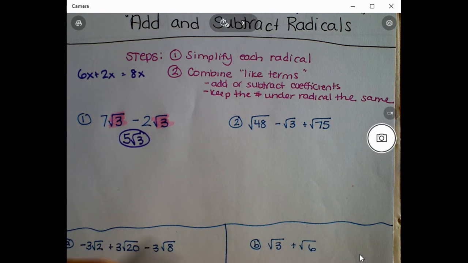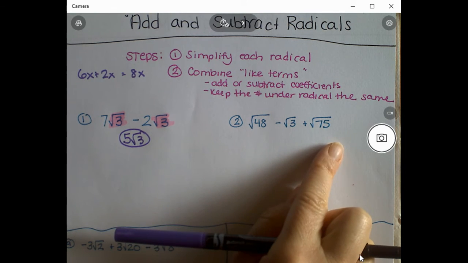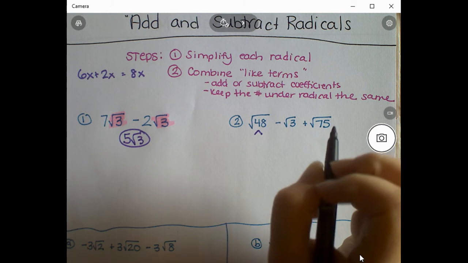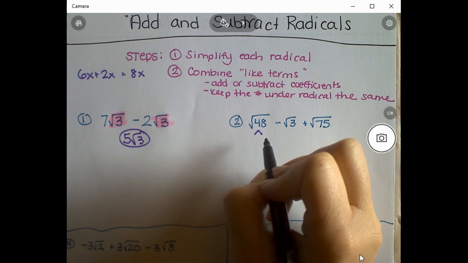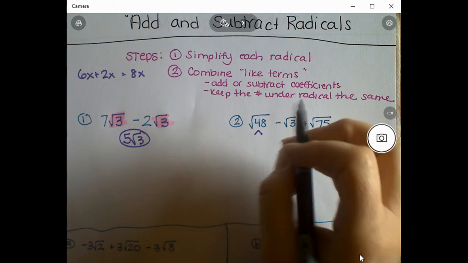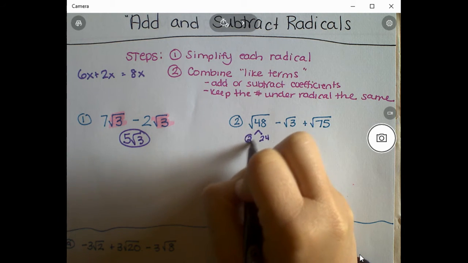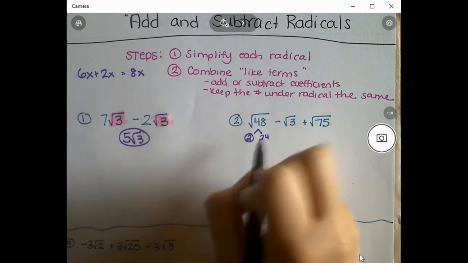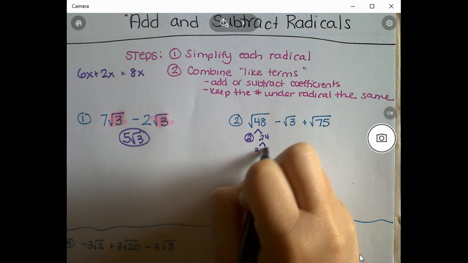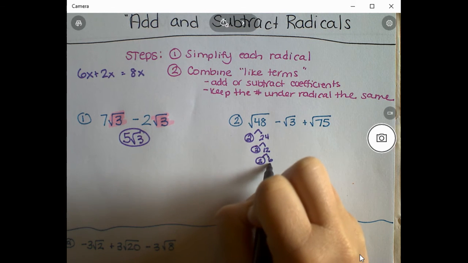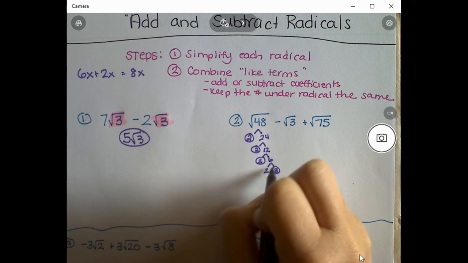A little bit more complicated is if you actually have to simplify the radicals. So the way that we simplified in class is we pulled down a little factor tree, and you can do this in many different ways. I'm going to do 2 and 24, circle the 2 because that is prime. 2 and 12, 12 is 2 times 6, and 2 times 3.